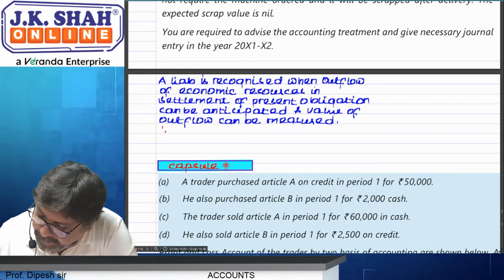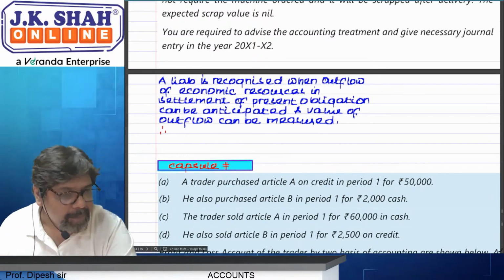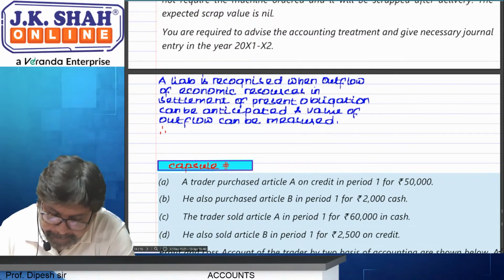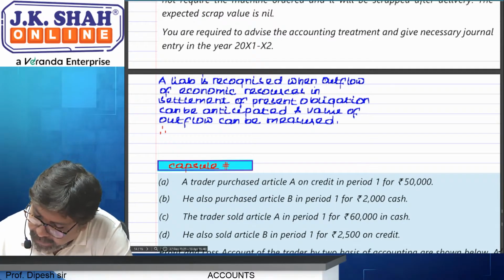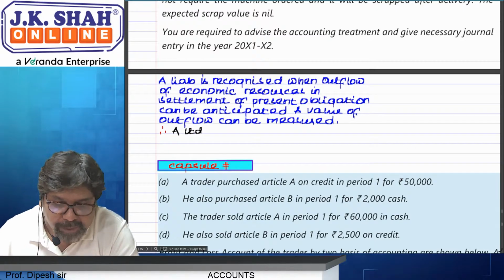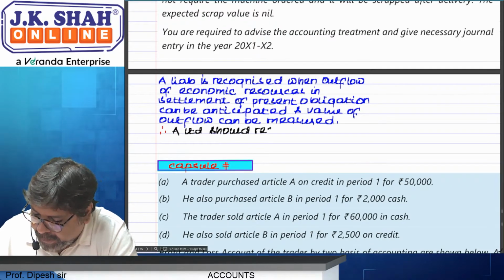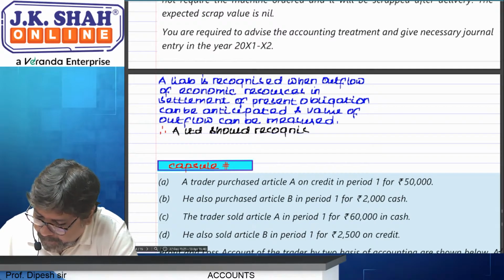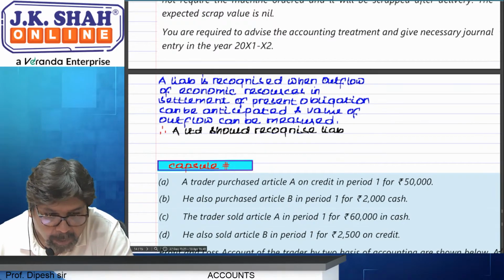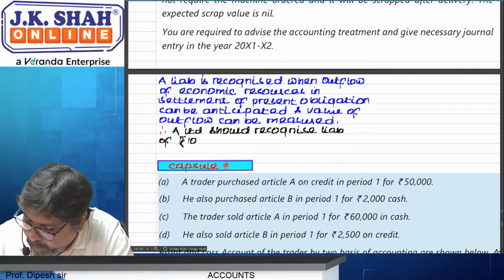Therefore, A Limited should recognize liability of rupees 1 lakh.